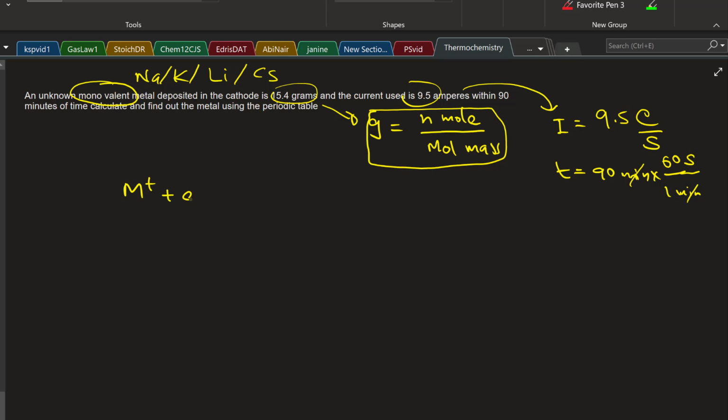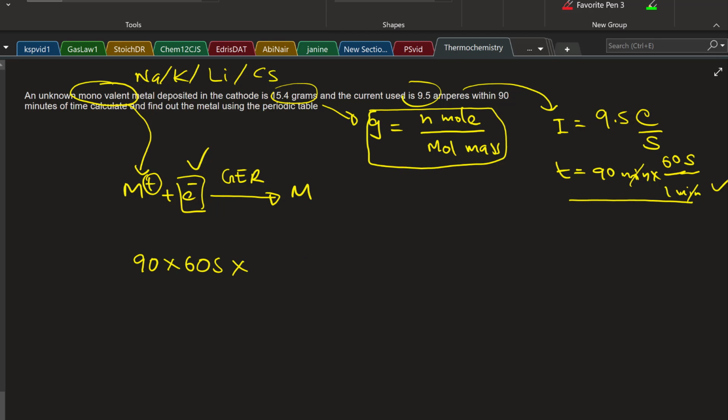Any of these could be unknown. So first thing, like I said, half reaction should be M plus 1 electron. The reduction at the cathode should give you the metal, right? That metal could be alkali metals, right? In this case, monovalent. Divalent is their alkaline earth metals, if the question is about divalent, right?